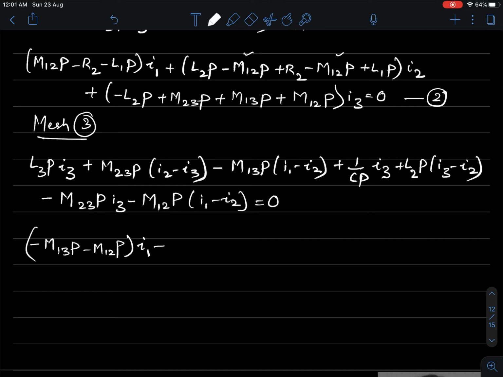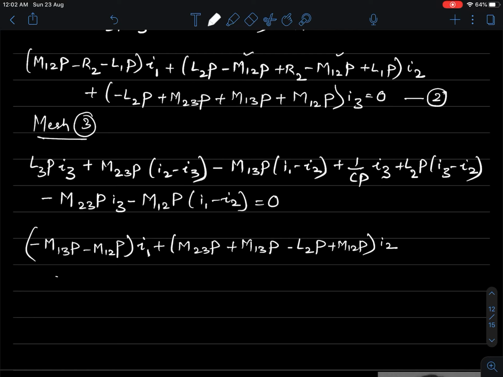Then group the I2 terms: M23P, then plus M13P, minus L2P plus M12P, whole thing into I2.